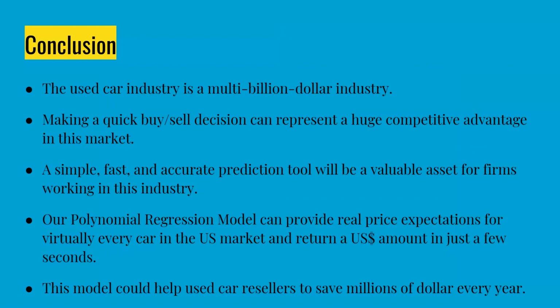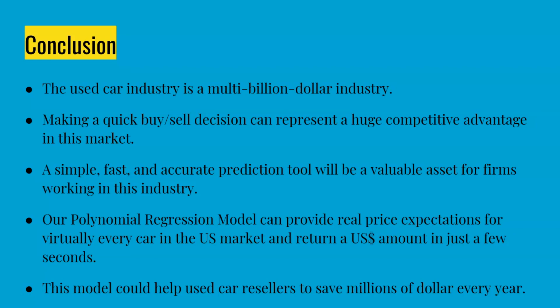So in conclusion, we decided to move forward with our polynomial regression model. It was an outstanding model overall, with an adjusted R-squared of 95.1%. It means that 95% of the variance in the dependent variable can be explained by the independent variables.